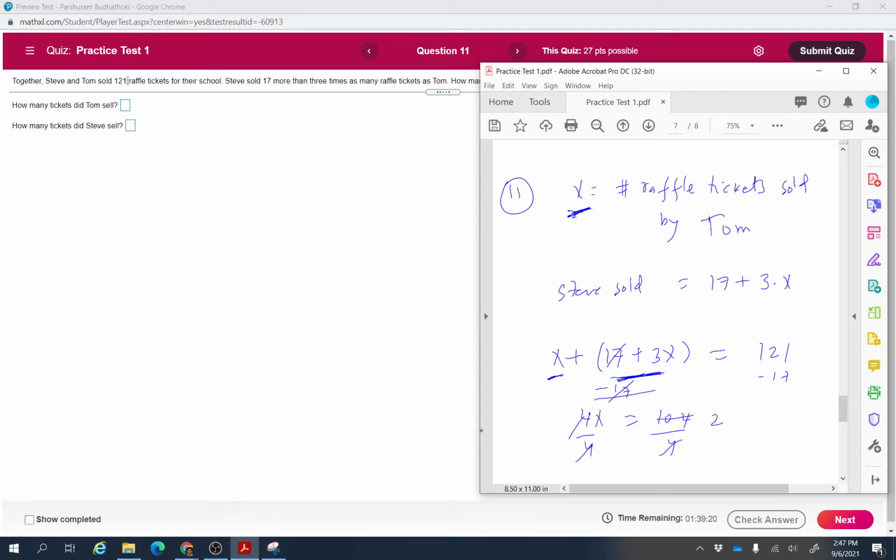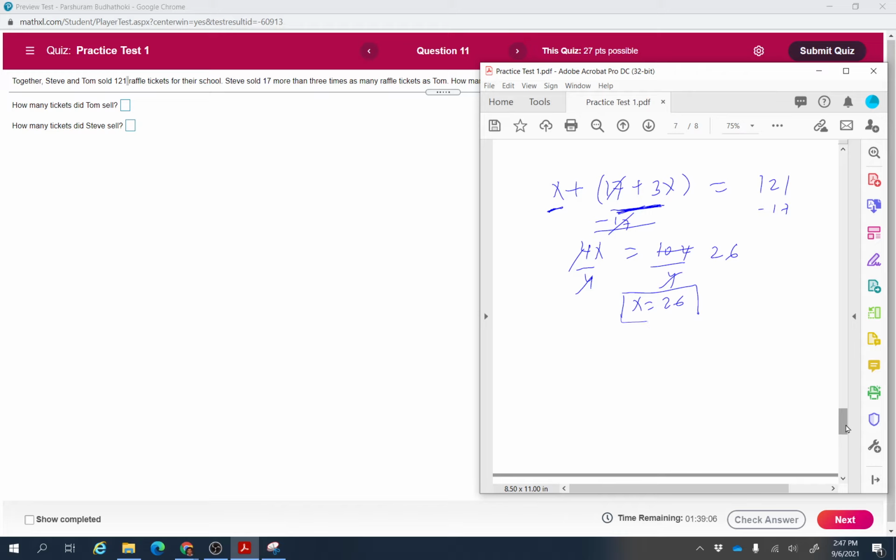So x is 26. So the number of raffle tickets sold by Tom is 26. The number of raffle tickets sold by Steve is 3 times 26 plus 17. So Tom's number is 26. Steve's number is 17 plus 3 times 26.